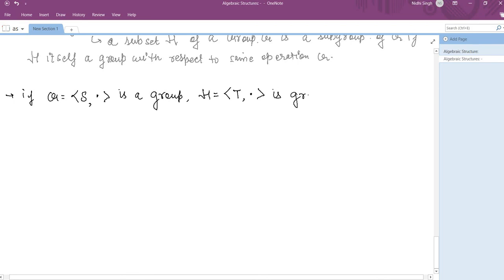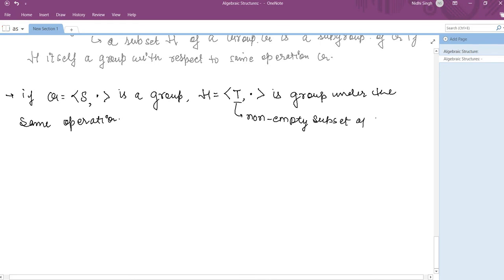It is also a group. And T is a non-empty subset of S. T क्या है? It is a non-empty subset of S.